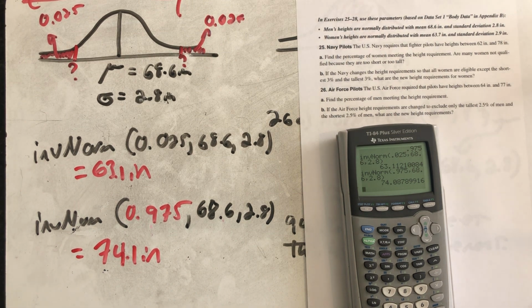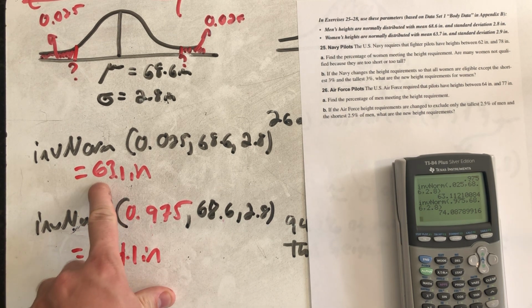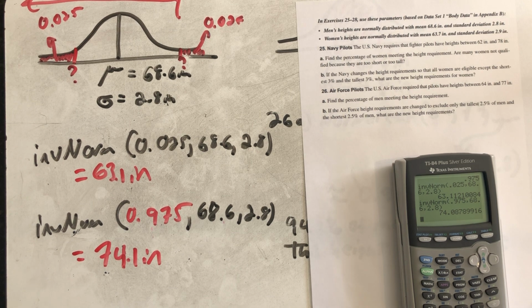So those are the new height restrictions. We'd want to rule out anyone shorter than 63.1 inches and anyone taller than 74.1 inches. And that's it for now.